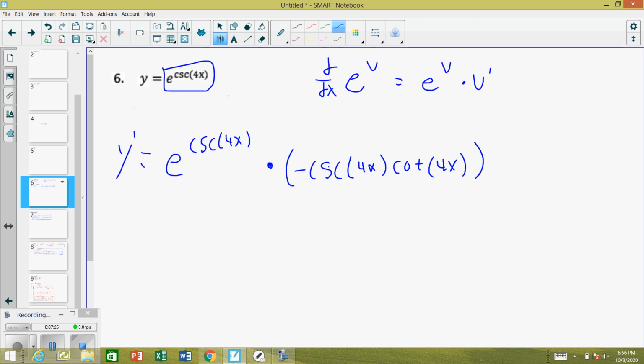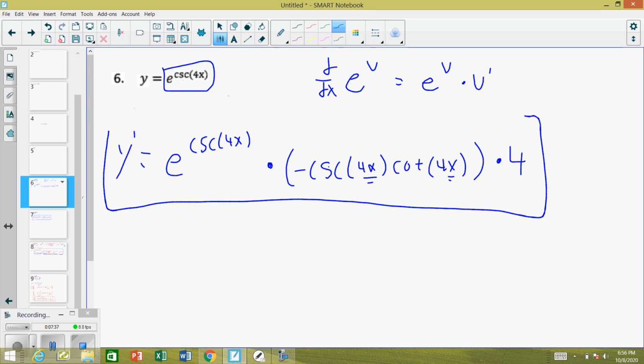And because there's some quantity inside that, other than x, we multiply by the derivative of that inside as a chain within a chain, which is 4. And that is, again, it.